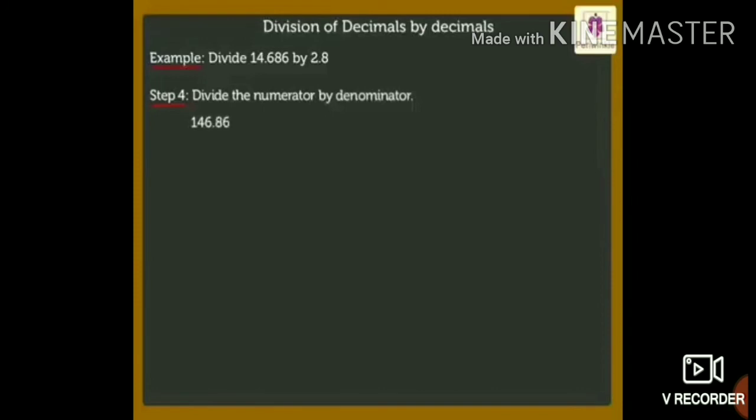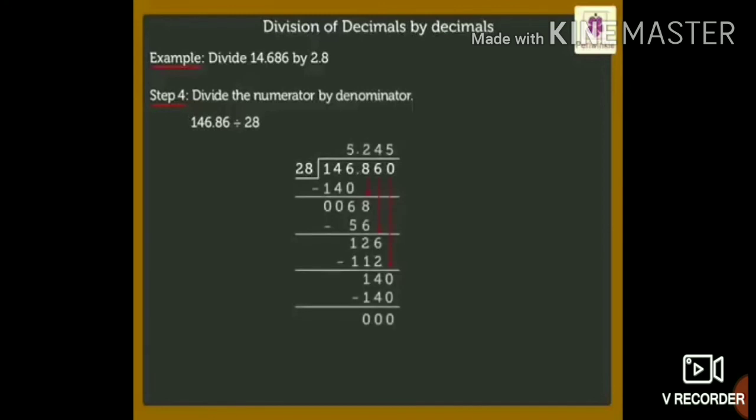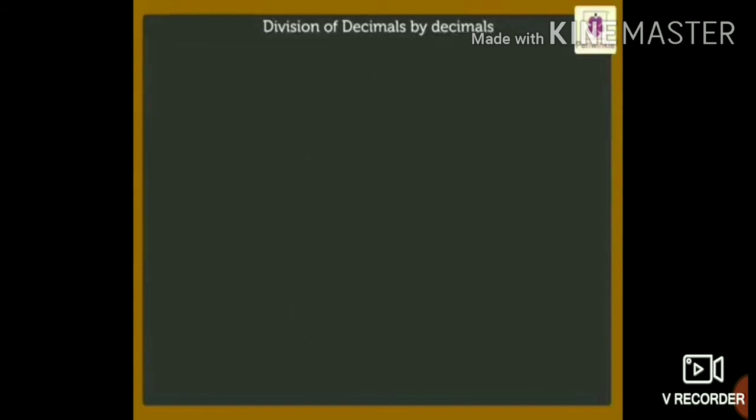As you observed, the fourth step is to divide the numerator by the denominator. This is the method to divide it. What is the answer? 14.686 divided by 2.8, the answer is 5.245.